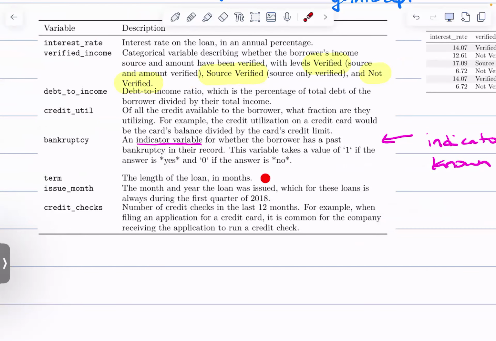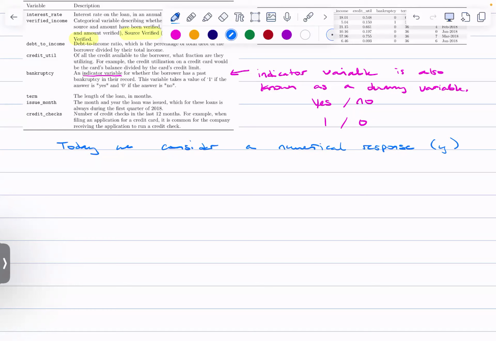Why? If we're doing regression, then it will be a numerical response variable. Okay? In the next chapter, we'll look at how we predict categorical outcomes, right? And so we will be able to predict categorical outcomes, but for now, we're just focusing on numerical outcomes.